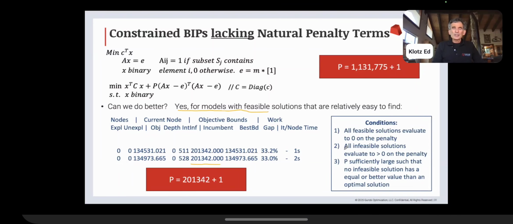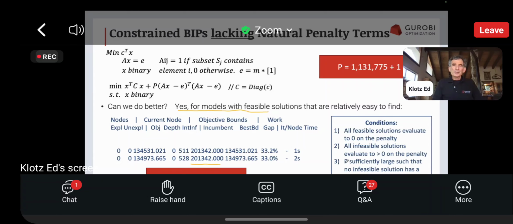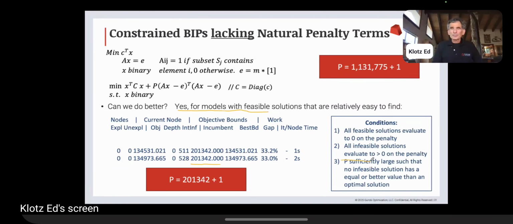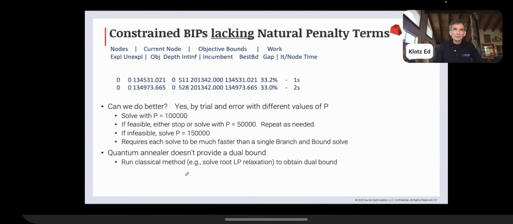Again, the first 2 are easy. The point is that for the third one, if you have an optimal solution, you will never, with this penalty term, violate feasibility even on a single constraint and get an objective better than that optimal solution, which has no penalties whatsoever.